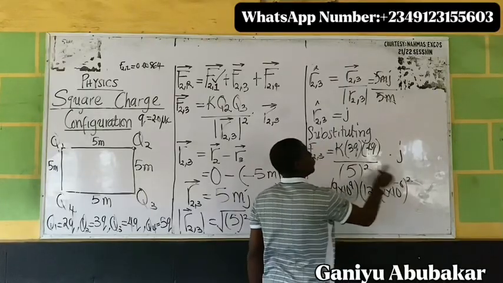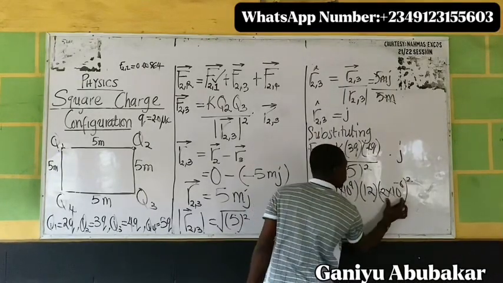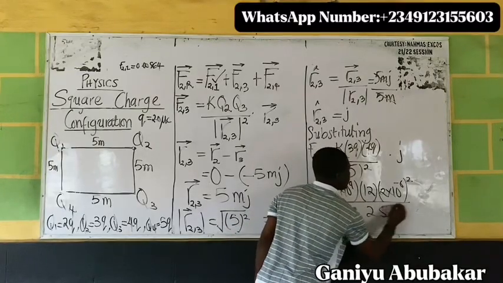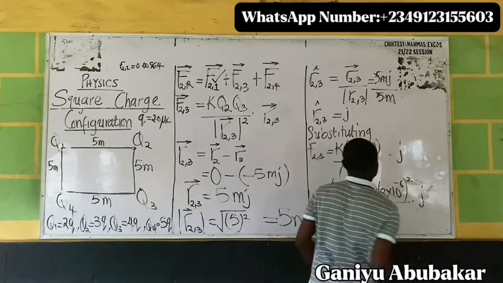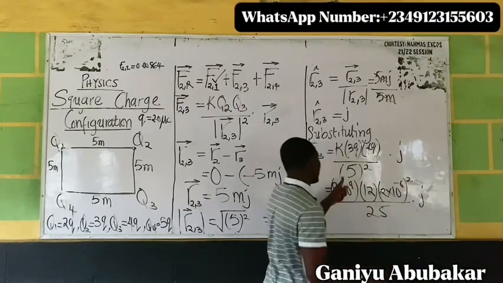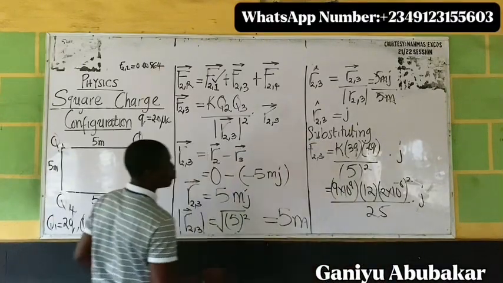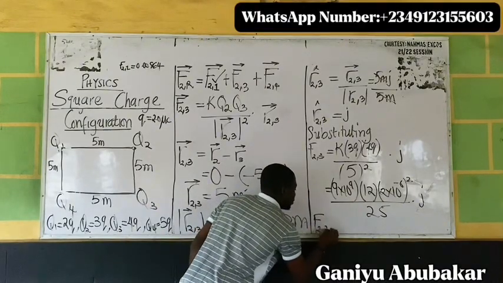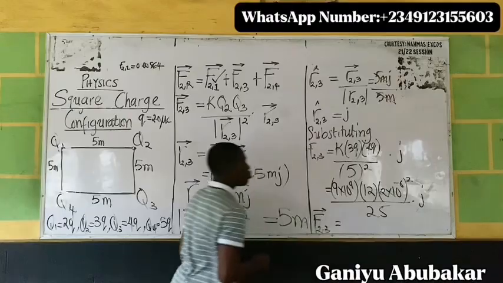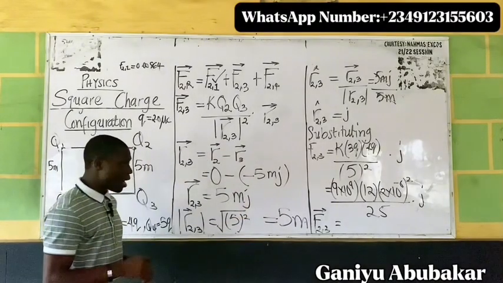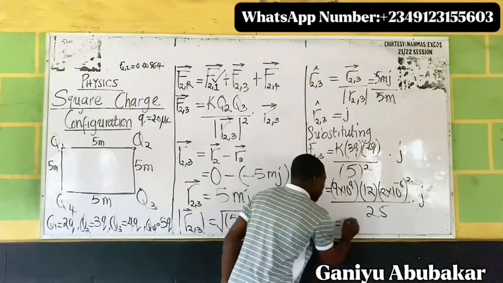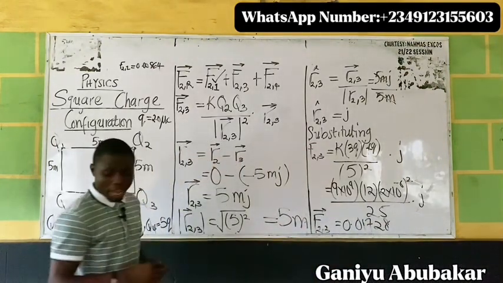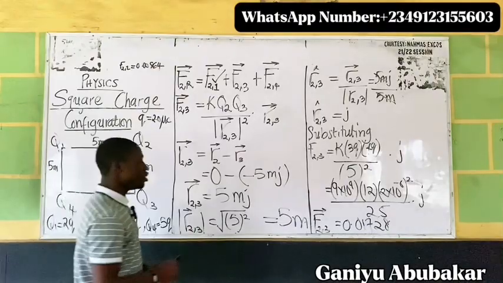The square is coming from Q times Q is Q squared, all over 25 dot J. Punch everything here and let's see what we get. F23 will be equal to, if I punch this very well, about 0.01728 J.